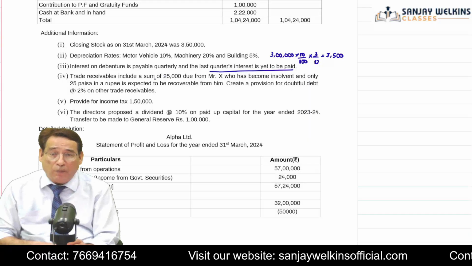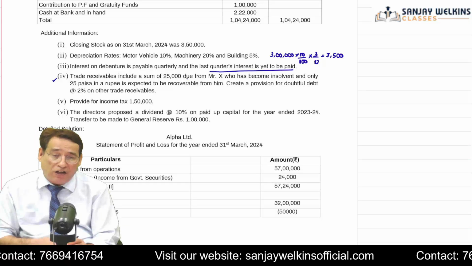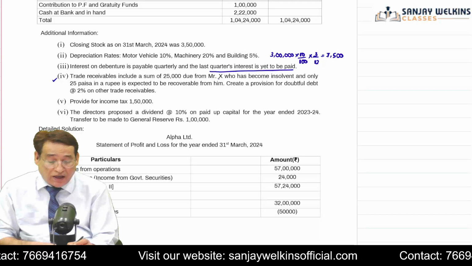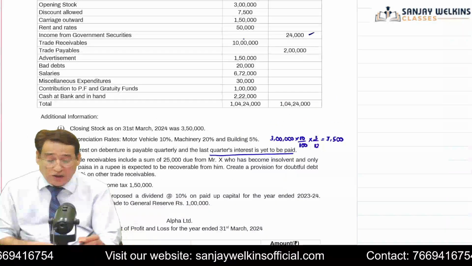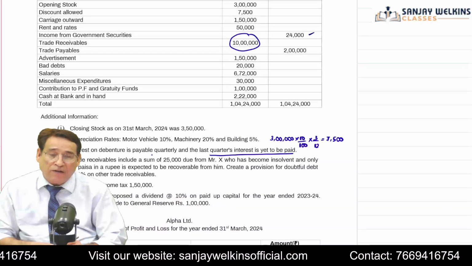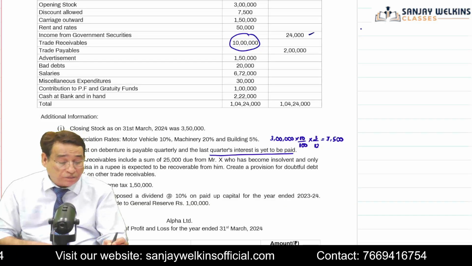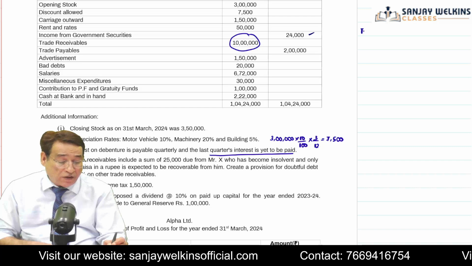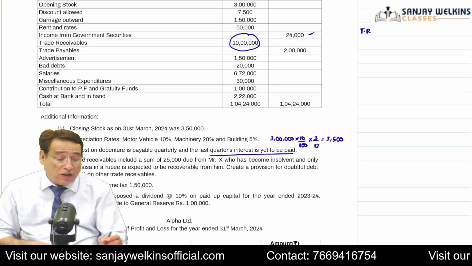Another very important point, here it is written that trade receivable includes 25,000 due from Mr. X. We saw that total debtors are equal to 10 lakh. Is it clear to you? Total debtors, or trade receivable, are 10 lakhs.